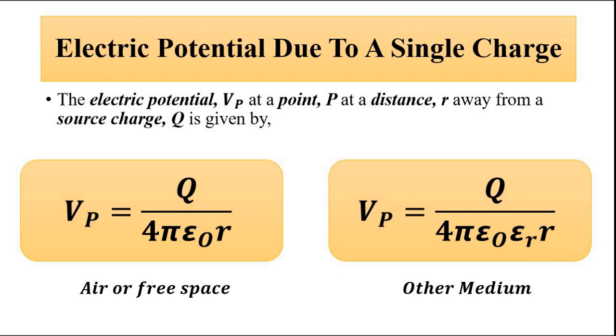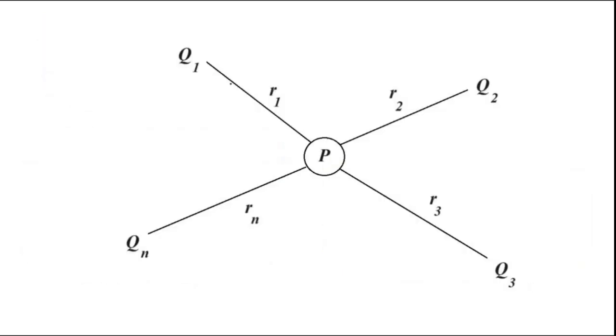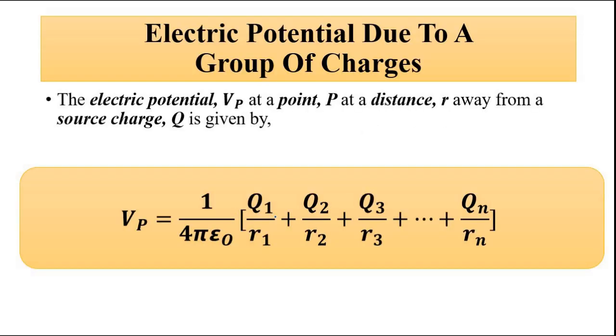Then if we have multiple point charges located at different points in space with their distances specified as R1, R2, R3 and Rn for the nth charge, for the point charges Q1, Q2, Q3 and Qn located in space, then the cumulative effect due to all these charges, the resultant electric potential at P, will be given as 1 by 4 pi epsilon 0 common, Q1 by R1 plus Q2 by R2 plus Q3 by R3 up to the nth charge.